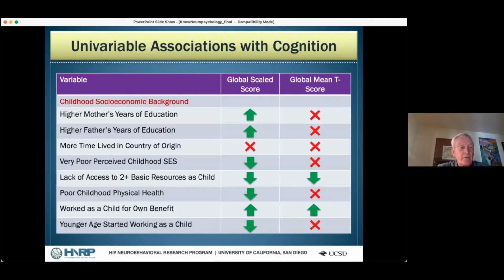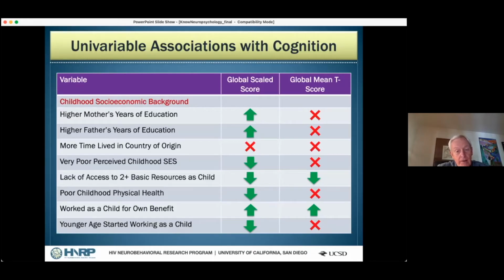This is subjective, but we asked them whether in their opinion, their family was very poor when they were growing up, and that was a factor for scaled scores, but again, not for T-scores. We asked about whether their home environment lacked basic resources such as electricity and running water and sufficient food supplies.